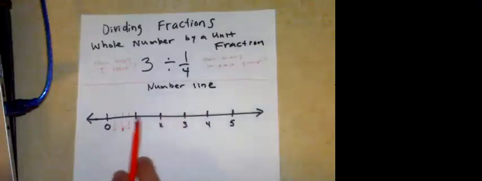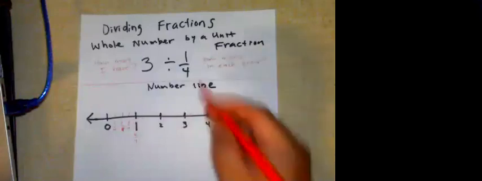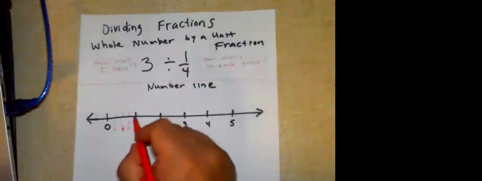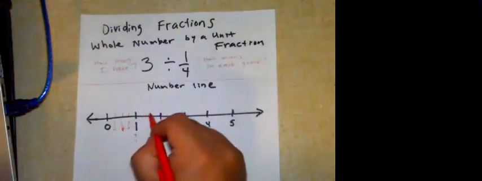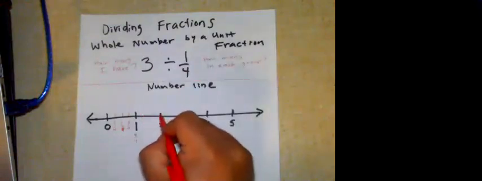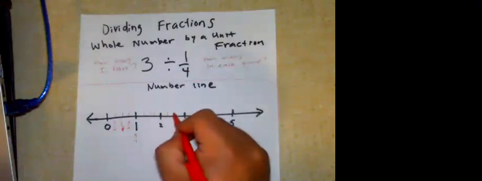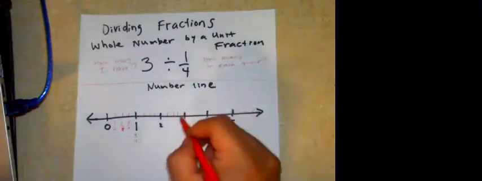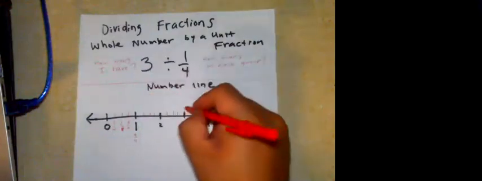And we just continue on until we get to 3. Okay? So let's count again. 1, 2, 3, 4. 1, 2, 3, 4. We stop here because we have 3.